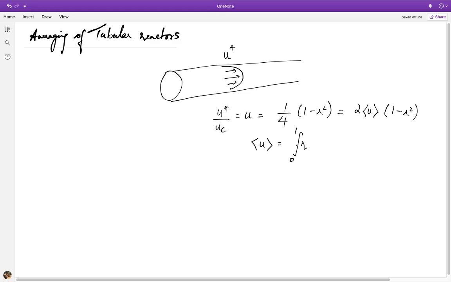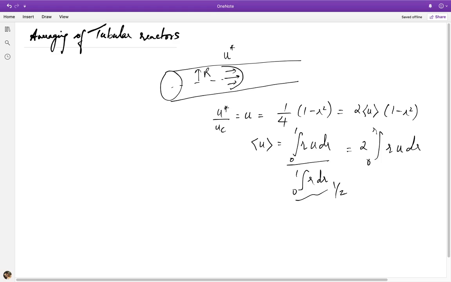So after scaling the radial coordinate with the radius capital R, which I will do in a second, I can write this integral as 0 to 1 in non-dimensional form. And this factor is basically 1 by 2, so I get 2 times that as a definition of the cross-section average quantity.